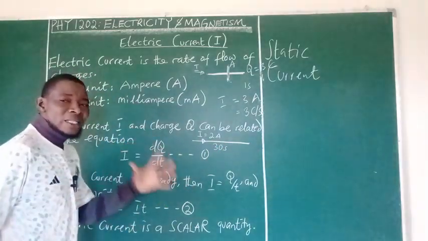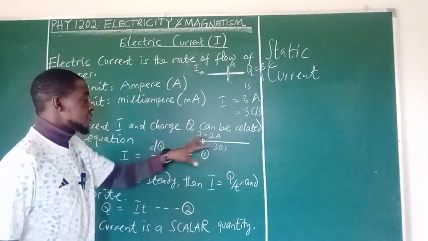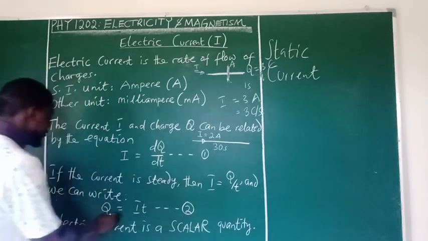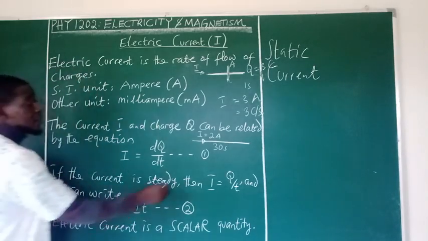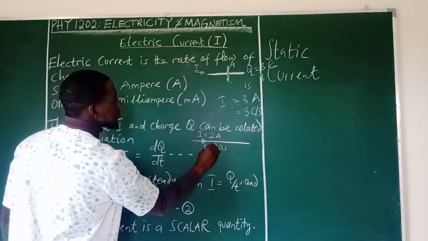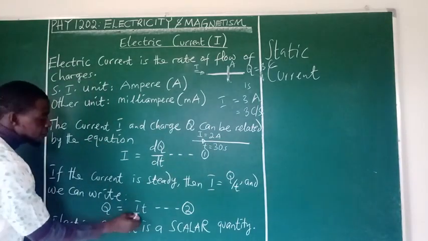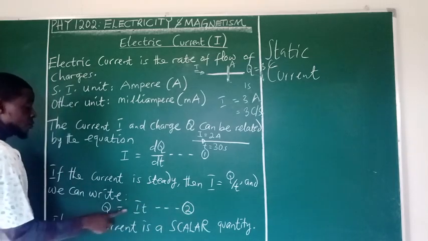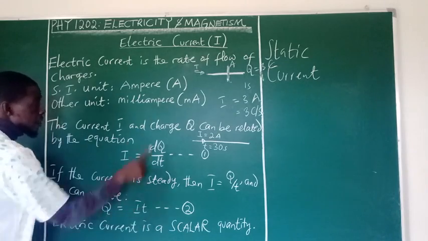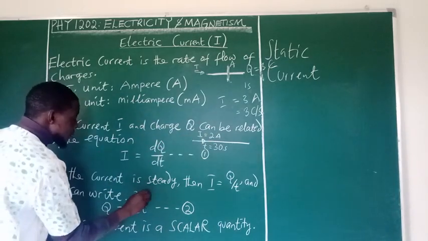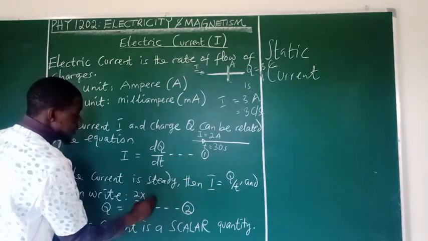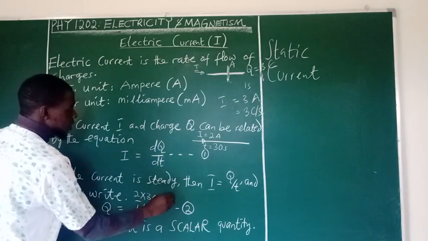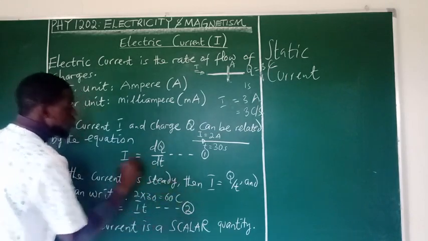Now, what is the quantity of charges that flow through this conductor? I have to use this to get it. This is my I and this is my T in seconds. So I multiply these two. The formula, equation 2, says to get your Q, multiply I by T. My I is 2 and my T is 30. I multiply 2 times 30 and this will give me 60 coulomb.